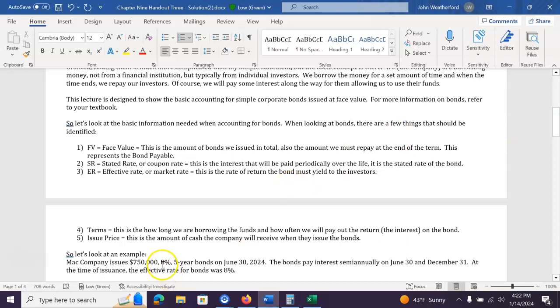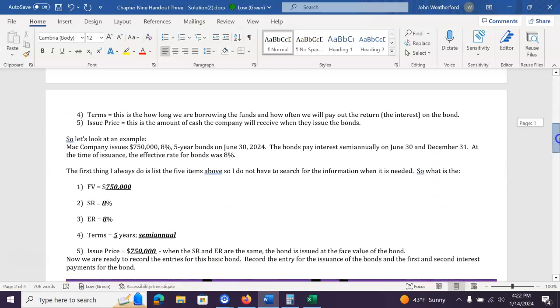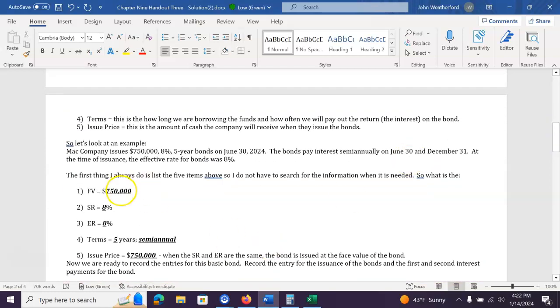So notice here, let's break down what all the terms are. Okay, the face value is the $750,000. The stated rate, that's the rate of interest that will be paid on the bonds to the bondholders. It's 8% for a year, but since they're paying interest semi-annually, that'd be 4% every 6 months.